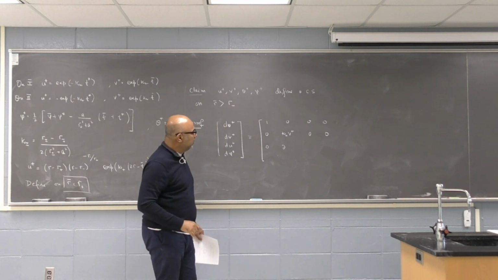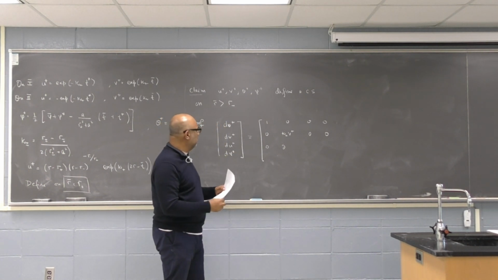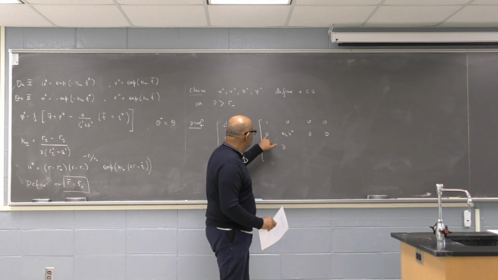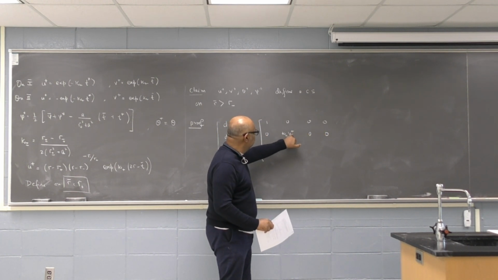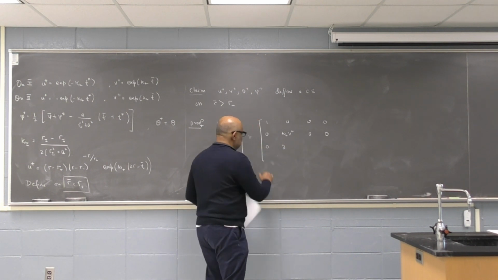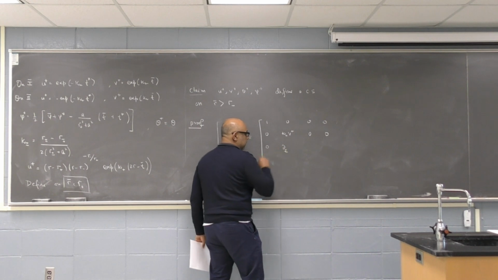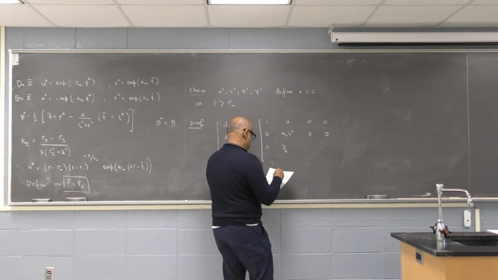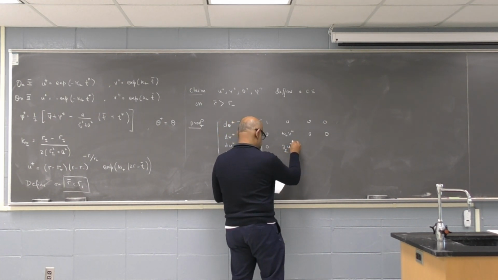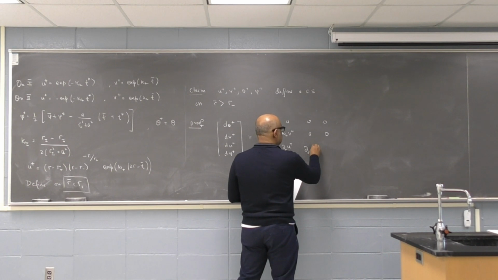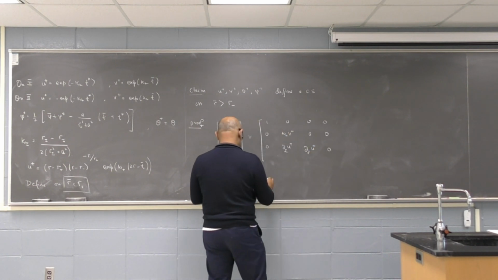You may not see the fine print, so as I write it down, I'm going to read it. This is just the Jacobian matrix: 1, 0, 0, 0, 0, kappa plus v plus, 0, 0. This is 0, partial with respect to t bar of u plus, and partial with respect to r bar of u plus, 0.